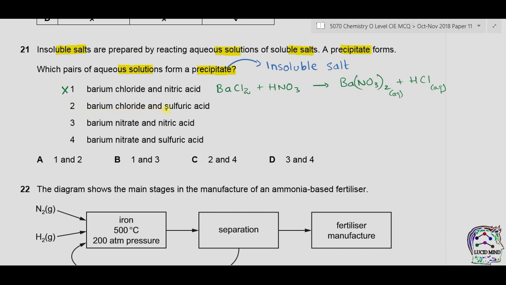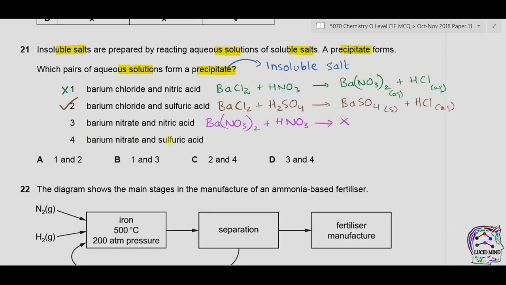In second one, we have barium chloride that reacts with sulfuric acid. Sulfuric acid is H2SO4. Now it will form barium sulfate along with HCl. Barium sulfate is an insoluble salt, so therefore this reaction will form a precipitate of barium sulfate. In third one, we have barium nitrate and nitric acid. Now we can see that the anion in both barium nitrate and nitric acid is same, so therefore the reaction will not occur.